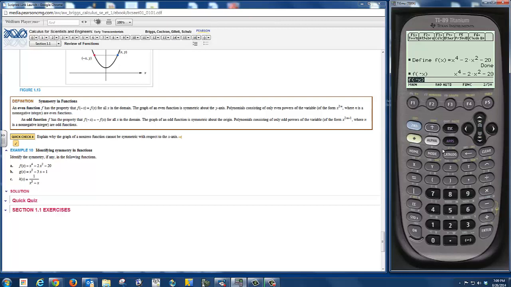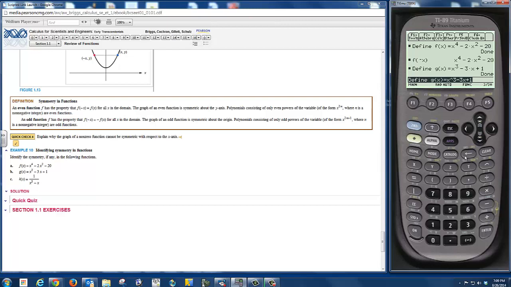If we look at our function g, let's define that one. Define g of x, so that would be x cubed minus 3x plus 1.